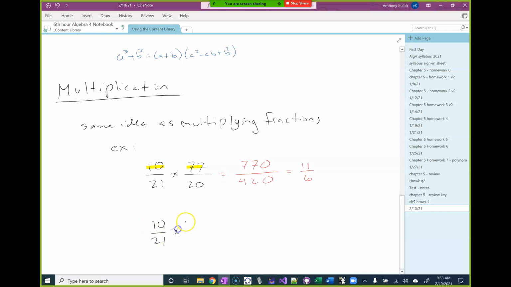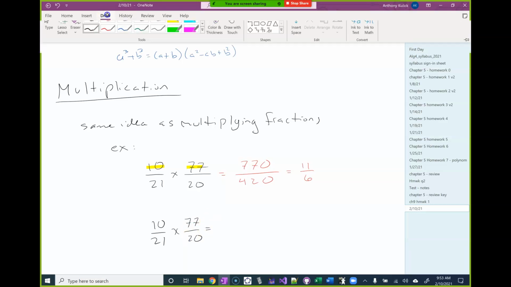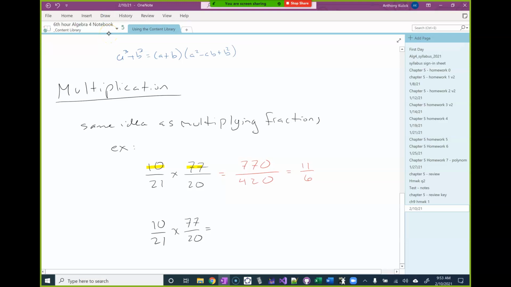While what we did there was correct, what would be easier for us is if we reduced before we multiplied. So 10 is 2 times 5. 21 is 3 times 7. 77 is 7 times 11. And 20 is 2 times 2 times 5.